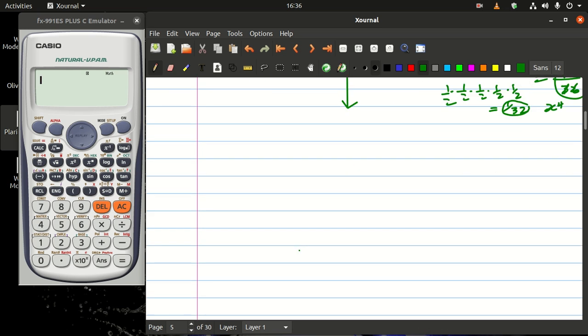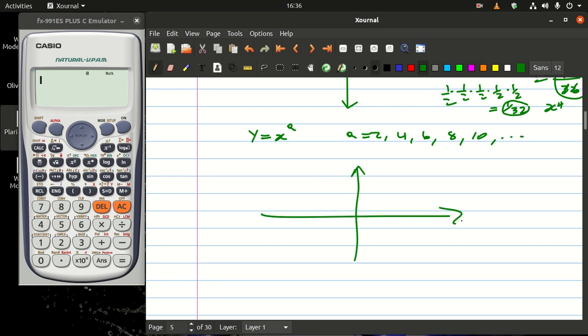So this is how these things look. One take home for this is that if you have y is equal to x to the power a, and you know that a is 2, 4, 6, 8, 10, just an even number, the shape of the graph is very simple. It looks like this. That's what is important. All of them have the same shape.